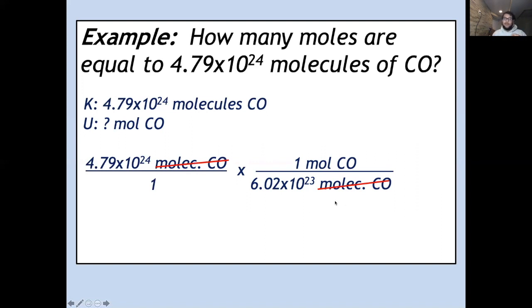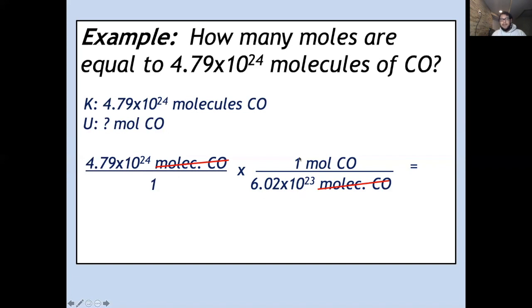You have to write your units because when they cancel out correctly, then you know that you're doing the problem correctly and you can check yourself as you're going, okay? So if we do this calculation, you know from your work with fractions in math that we have to take this number and divide it by this number, right?